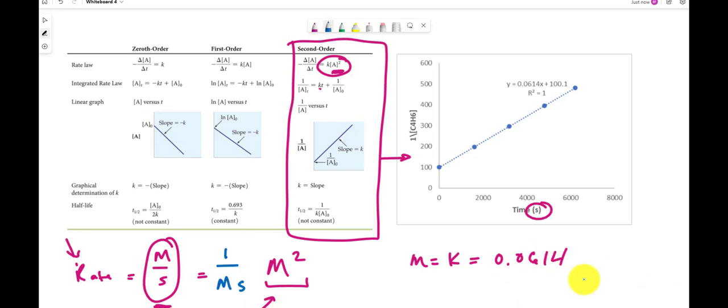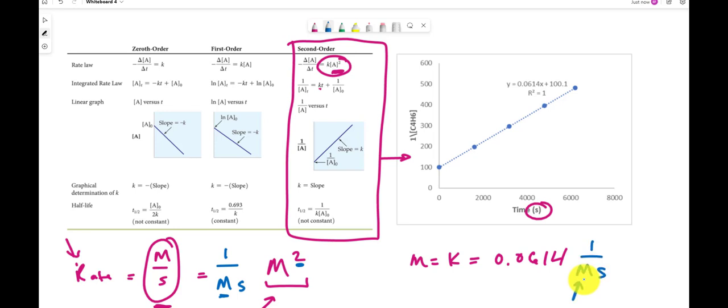Do a little bit of mental algebra, and I can say, well, I need a second on the bottom, so I'm going to have 1 over seconds, and I need to get rid of one of these molarities, so I'm going to have another one of those on the bottom. So this is going to be my rate constant in units of 1 per molar second.